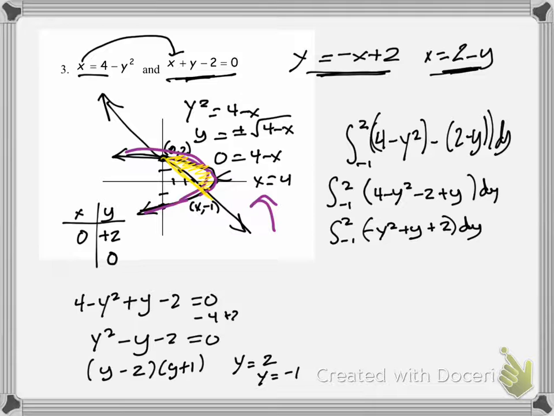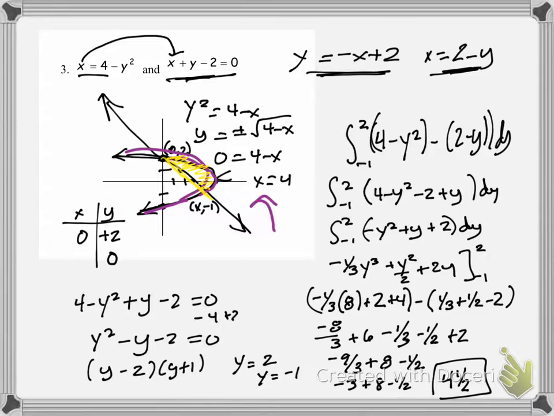So taking the antiderivative, I would get negative 1/3 y cubed plus y squared over 2, plus 2y, from negative 1 to 2. Okay, so when I worked all the math out, I got 4.5.